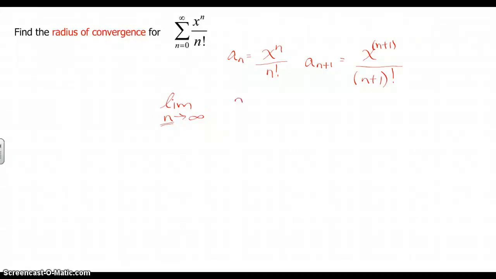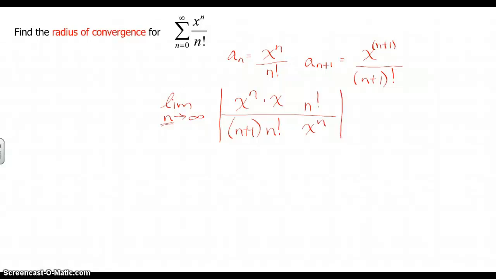So we are going to have x to the n times x. Notice what I'm doing here, same thing I did before, over n plus 1 times n factorial, multiplied by the reciprocal of a sub n. That's absolutely no different than what we did, let's say, if we had 3 to the n over n factorial. Now I'm just doing what I did with 3. I'm doing it with x. No different. But remember, as far as n is concerned, x is some constant.